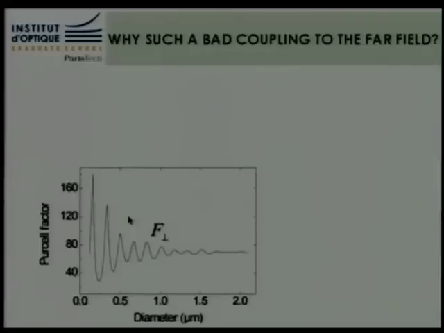So to understand such a bad coupling, one may compute the Purcell factor varying with the diameter of the antenna.